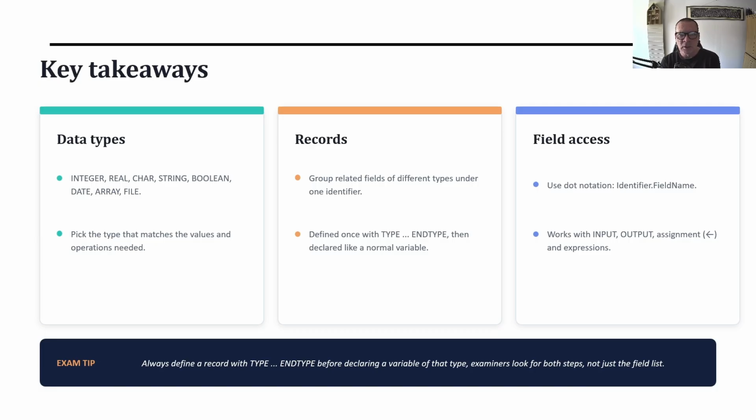So you define it once with TYPE ENDTYPE and then declare your variables just as normal but using your new type. And then to access individual fields, you use dot notation. So the identifier, the variable name, followed by full stop, followed by the individual field name. And it works completely normally like any other variable then.